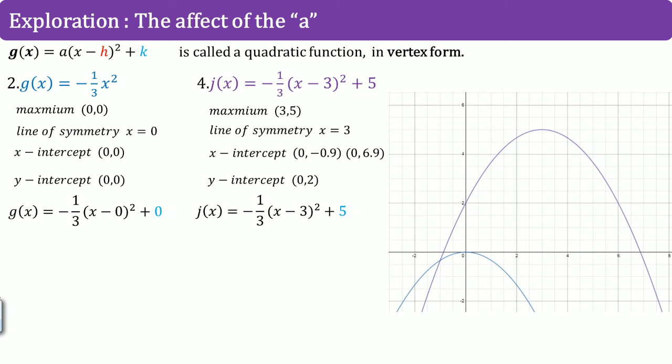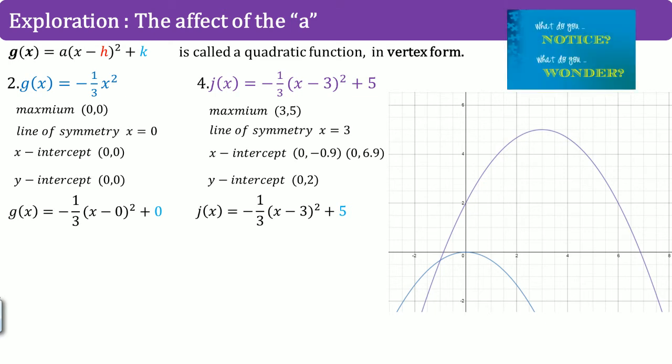Now let's take a look at the exploration of how h and k affect this. I wrote number 2 and number 4 in vertex form, showing the h and the k. So the question is: what do you notice and what do you wonder? I notice that these two parabolas are at different locations. What I wonder is, why are they at different locations, and how can we tell?